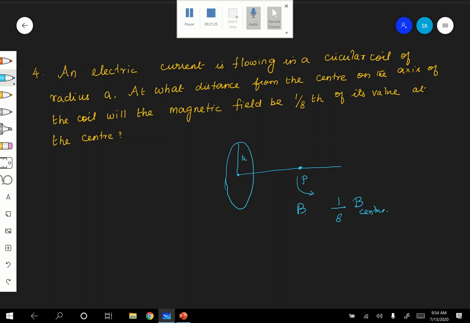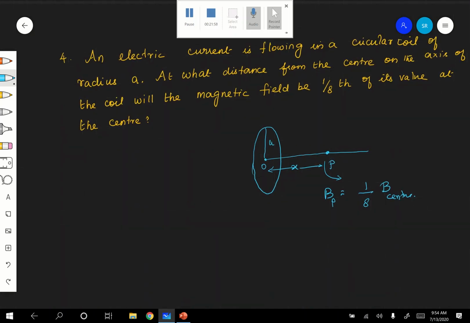B at P, at this point, should be 1/8 of the field at the center, that is O. Are you following? The distance here is X. At what distance should the point P be, so that at P the field is 1/8 of the field at the center? That is the question. Very simple only.